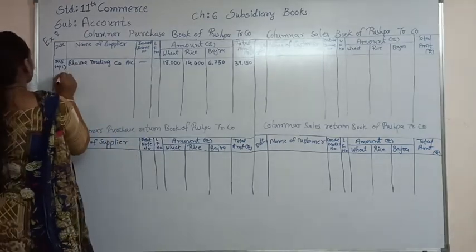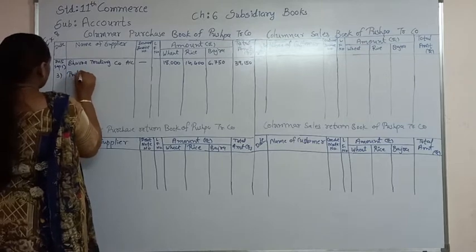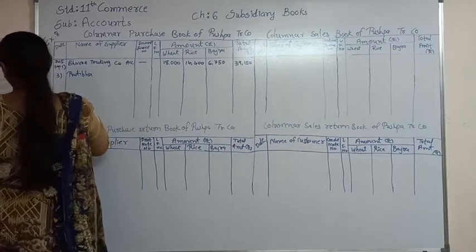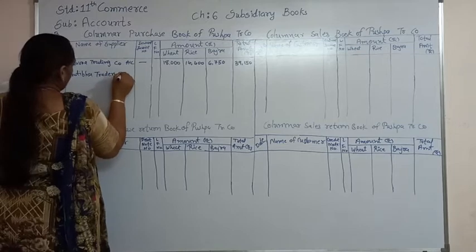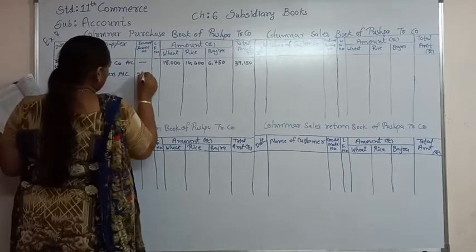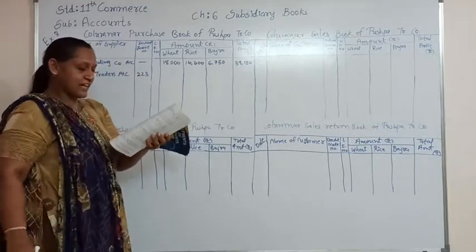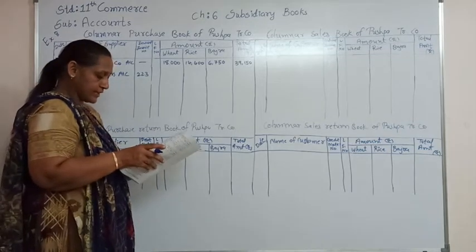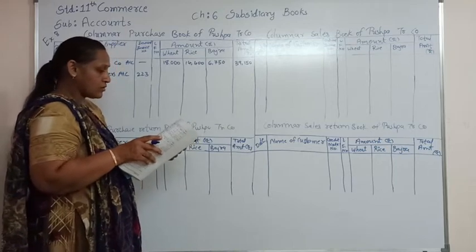So purchase we are going to write here, and the name of the company is River Traders account, and the invoice number is given to us, that is 223, and we have purchased only two things, that is wheat and bajra. So wheat we have purchased 500 kg at rupees 25.